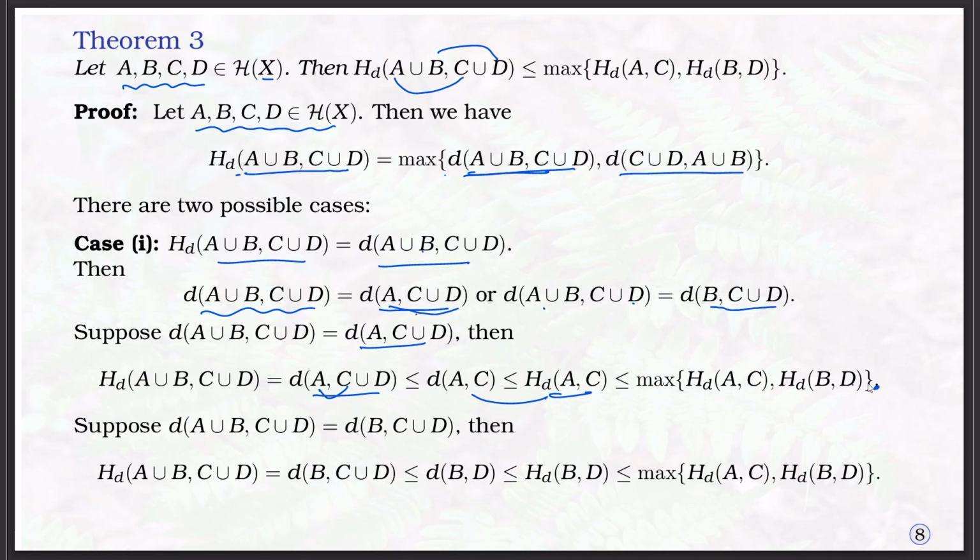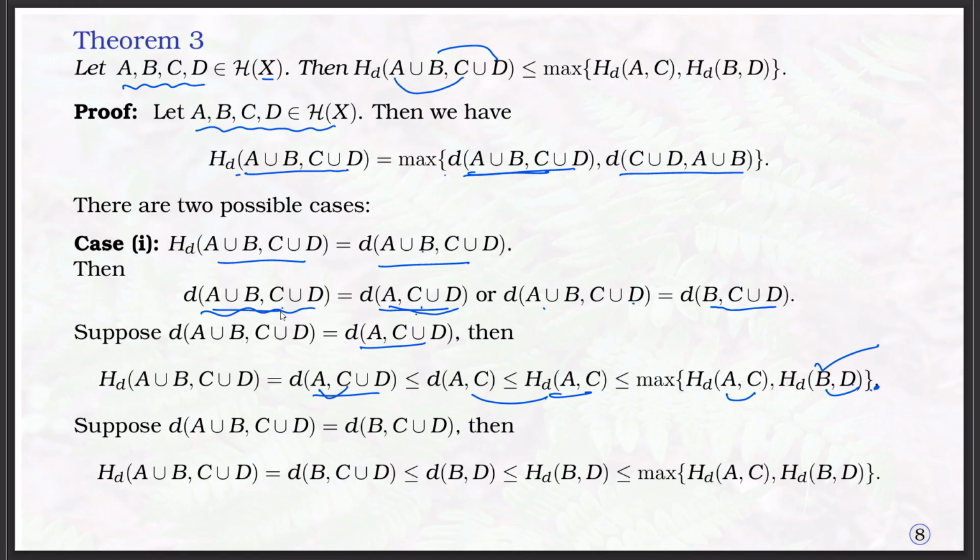So, this case is over. The Hausdorff distance between A union B, C union D is lesser than the Hausdorff distance between AC and the Hausdorff distance between BD. So, here, supposing this one equal to this one, we arrived at the conclusion.